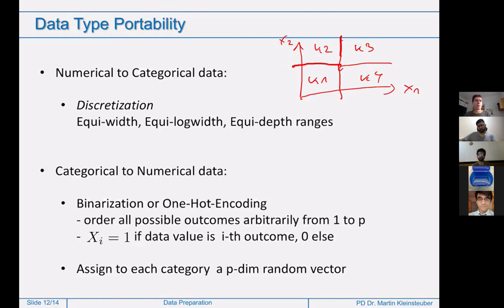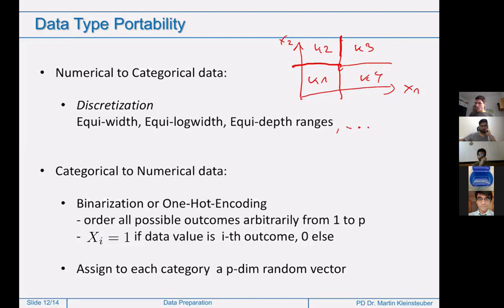For example, you can do that with equi-width distances. You can take the logarithm and so on and so forth. There is no limit to your fantasy of how you can do that, depending on the problem. But it's not so interesting for us.